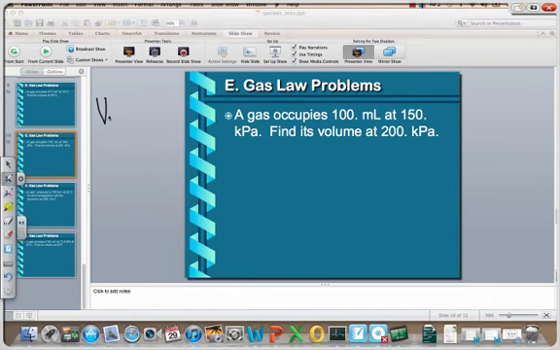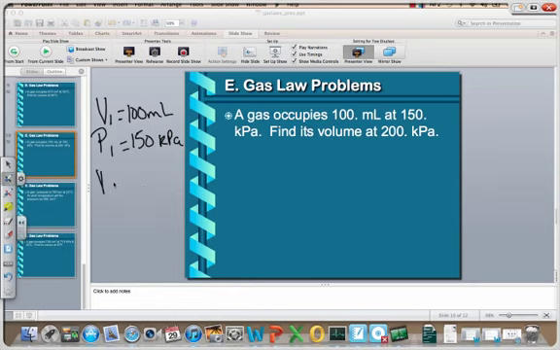So V1 is equal to 100 milliliters at 150 kilopascals. Kilopascals, that's pressure, and since that is the pressure this volume is at, I'm going to assign it as P1. So it's 150 kilopascals.